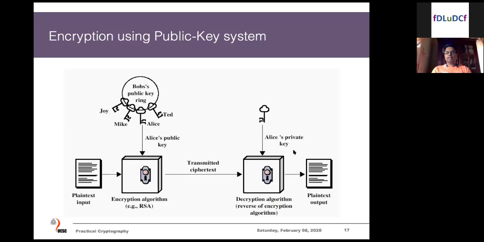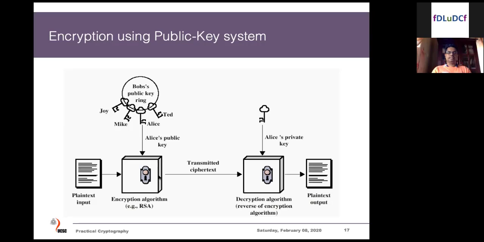Right. Assume Alice wants to get confidential data from Bob. In this scenario, Alice sends her public key to Bob. Then Bob protects the document, or what we call plain text, using Alice's public key. So Alice must send the public key to Bob, and Bob encrypts it using Alice's public key.